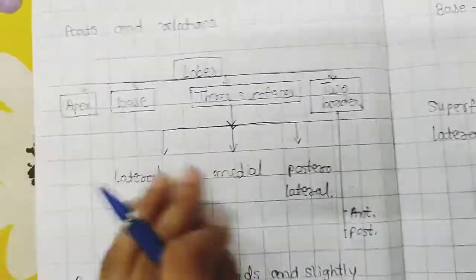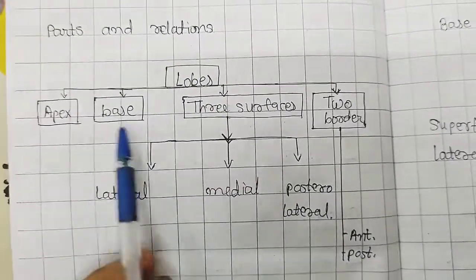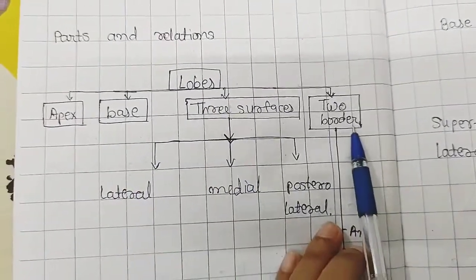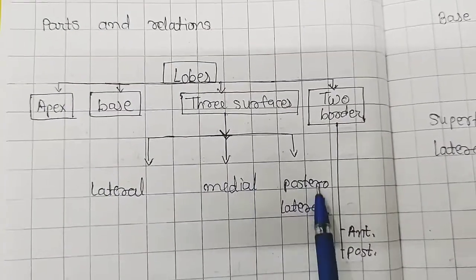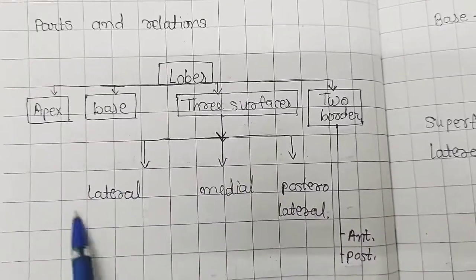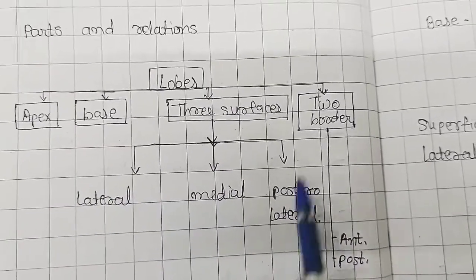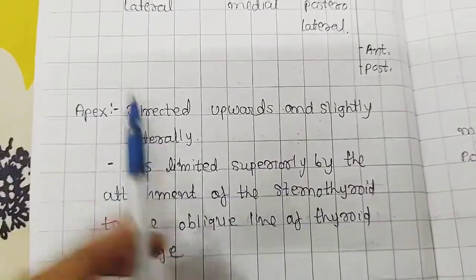Now the lobes. This gland has an apex, a base, 3 surfaces and 2 borders. Okay, parts and relations. It has lateral, medial and posterolateral surfaces, and 2 borders, anterior and posterior.